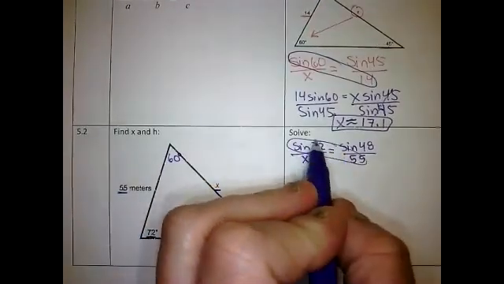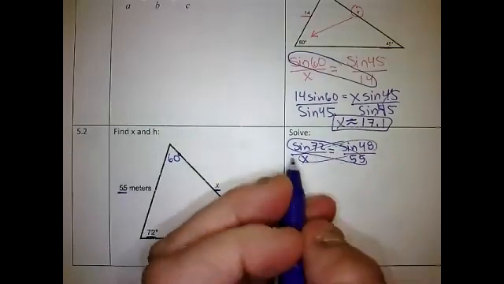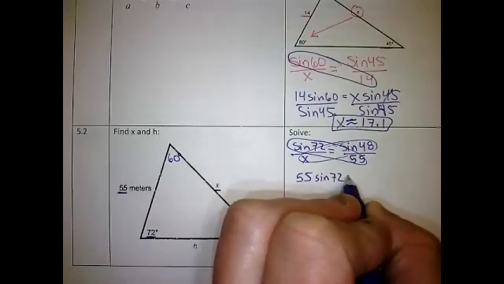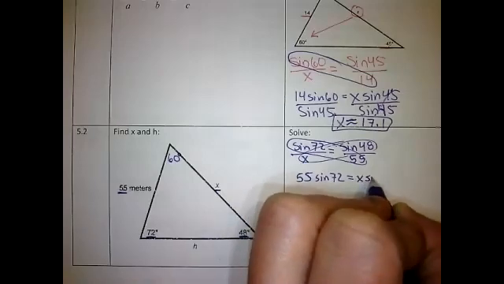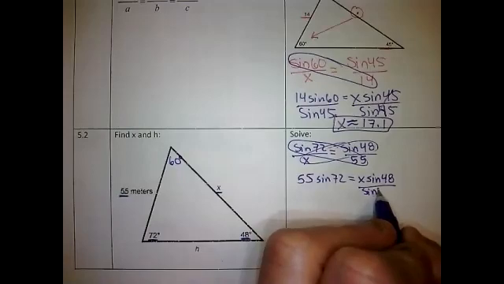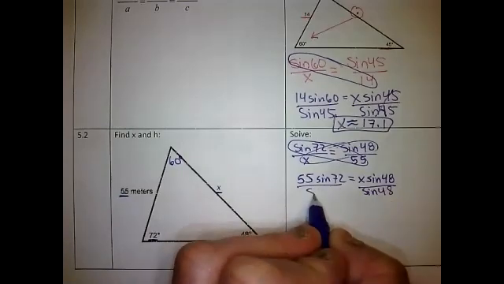Now same thing, I'm going to cross multiply, and I get 55 times sine of 72 equals x times sine of 48. Divide both sides by sine of 48.